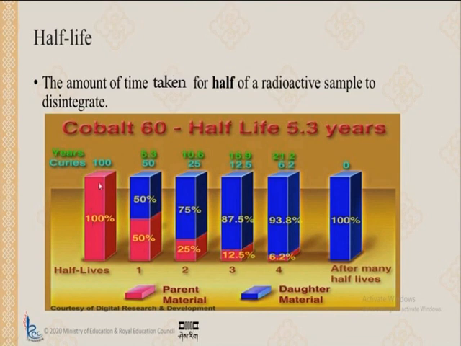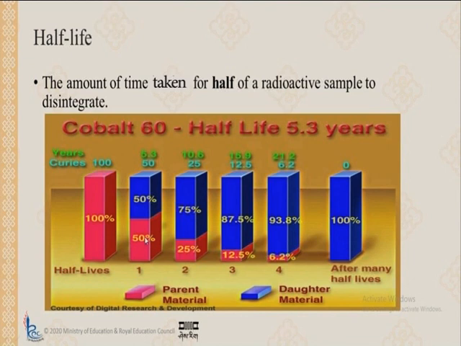It has disintegrated and formed a new product. So what is the time taken for this substance to disintegrate to half of its concentration? What is the half-life? It is 5.3 years. So in that many years, this radioactive substance will disintegrate into half of its concentration.